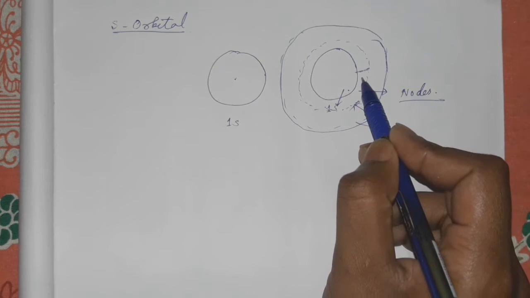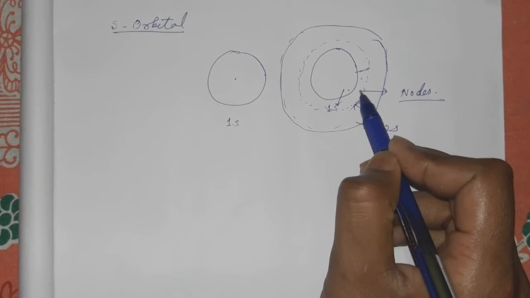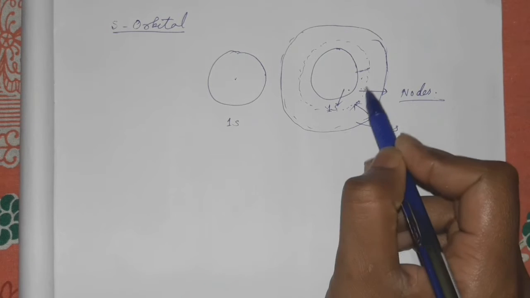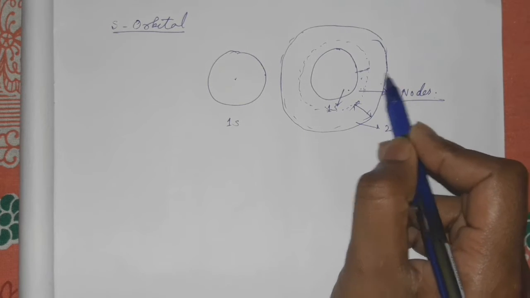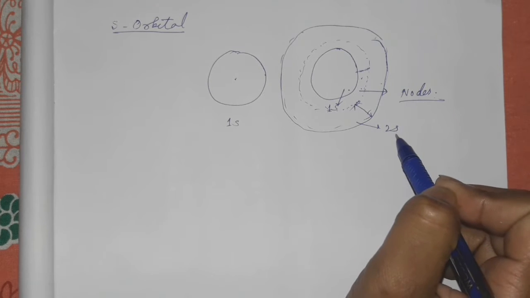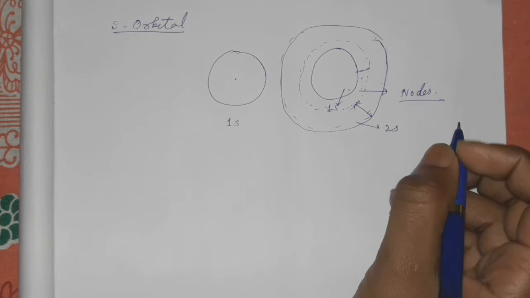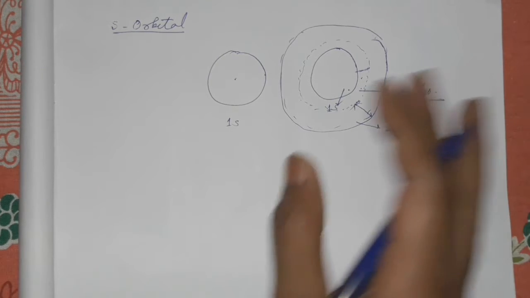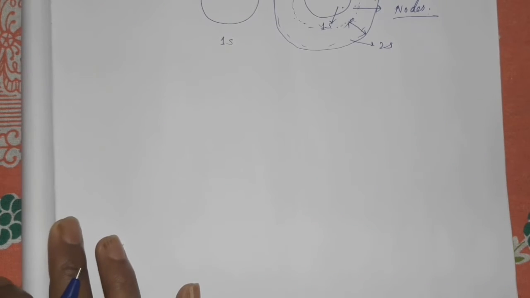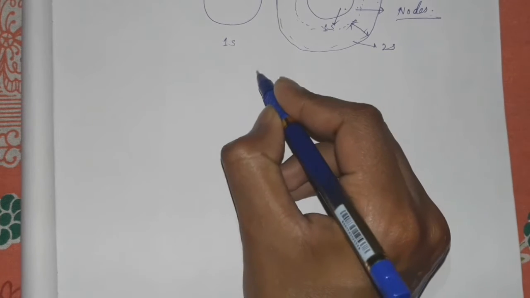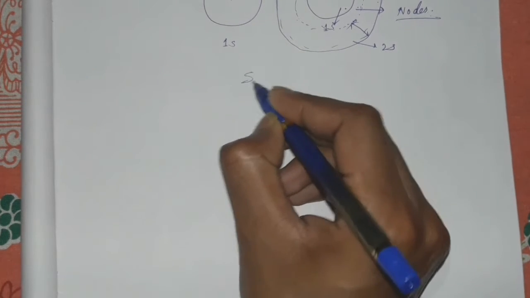This portion is empty and this portion will be called nodes. After these nodes you will get another portion which will be called the 2s orbital, and in a similar way you will get 3s orbital, 4s orbital. So s orbitals are spherical.